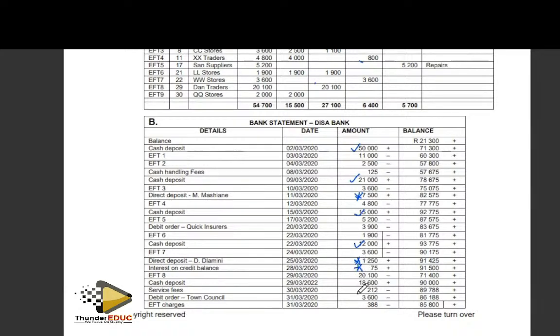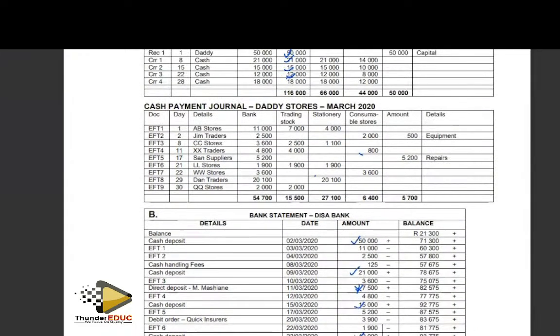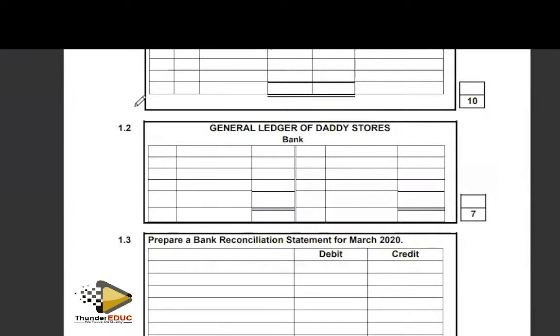Okay. Then there is 18,600. We also don't have it. So those ones we have to deal with. Now, everything that we have seen here and not ticked off has to be dealt with in the cash receipts journal. We have to record it here, okay?